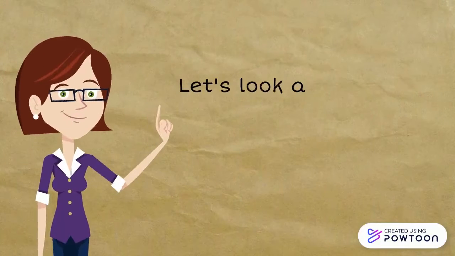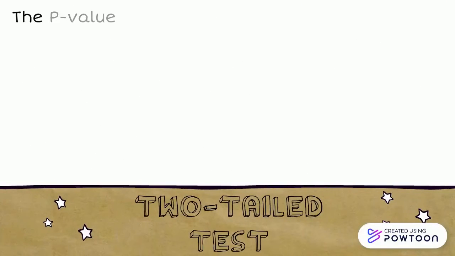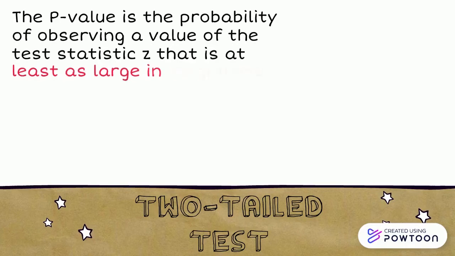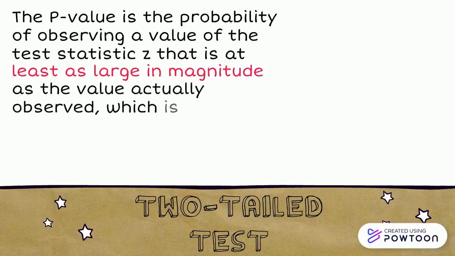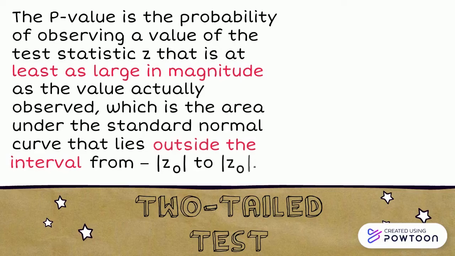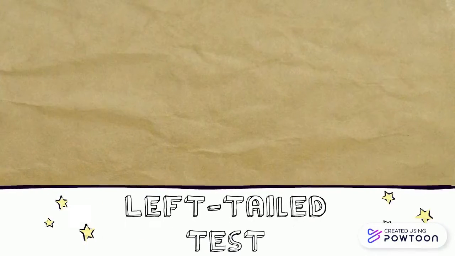Let's look at three types of tests. First, two-tailed test. The p-value is the probability of observing a value of the test statistic Z that is at least as large in magnitude as the value actually observed, which is the area under the standard normal curve that lies outside the interval from negative Z to Z. Next, left-tailed test.